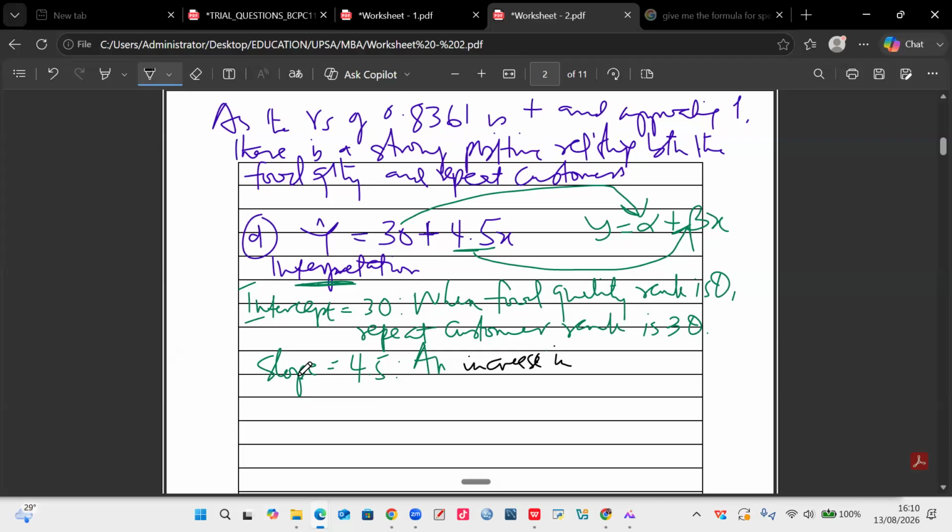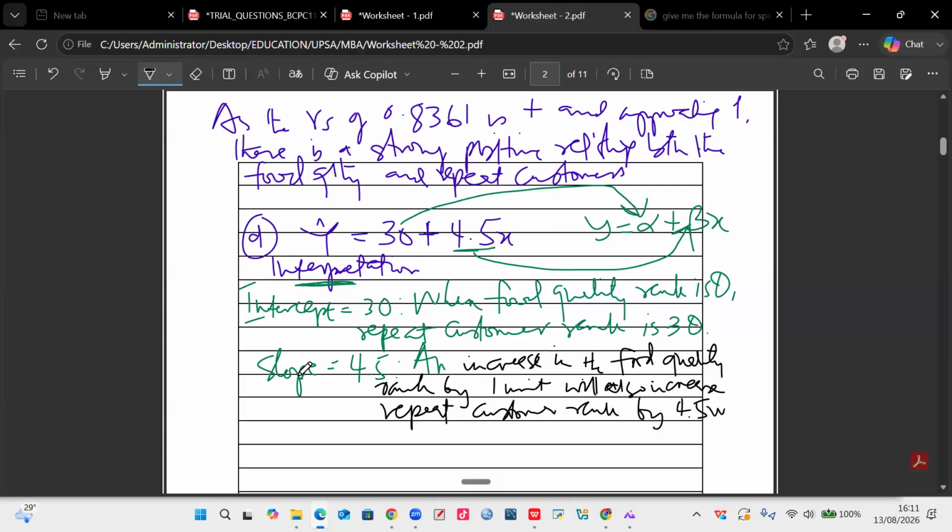An increase in the food quality rank by 1 unit will also increase the repeat customer rank by 4.5 units.